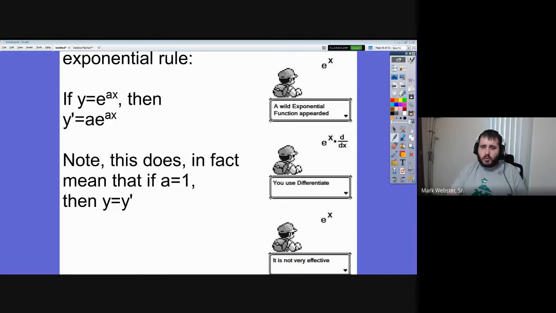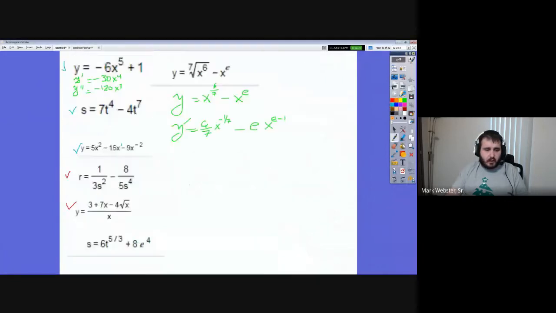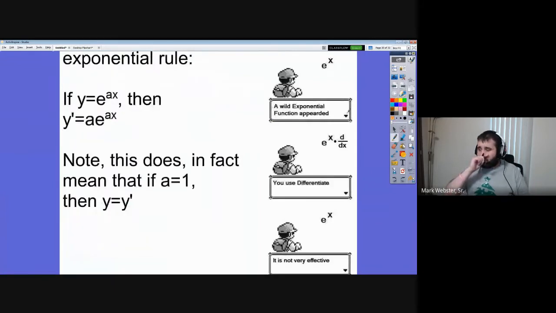The exponential rule. On the other hand, like before when we were looking at the e stuff here, e to the 4th is just another number. But now if you've got e to the x, you've got some special rules. This is an exponential function.